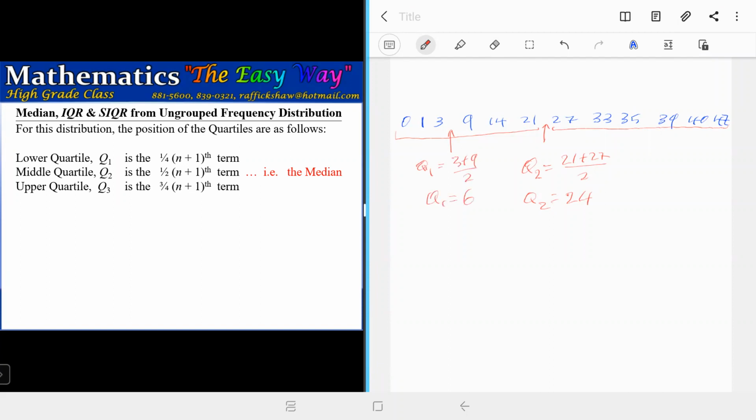And for Q3, you have 3 values here and 3 values here. So Q3 is between these 2, the average of these 2 values: 35 and 39.